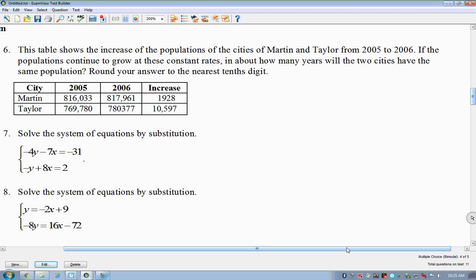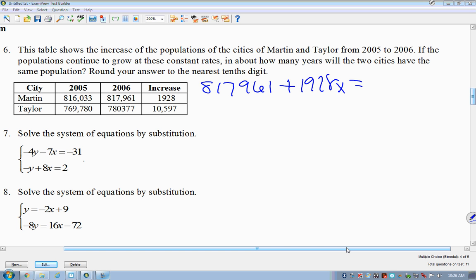Okay, see if I can help you out here. We want to know where they equal each other, right? So let's say we've got 817,961 plus our increase, 1,928x.